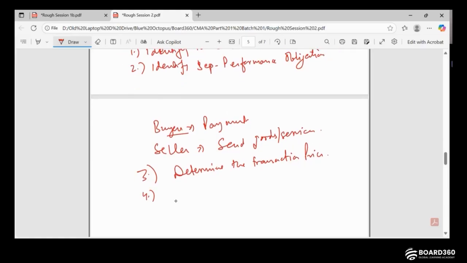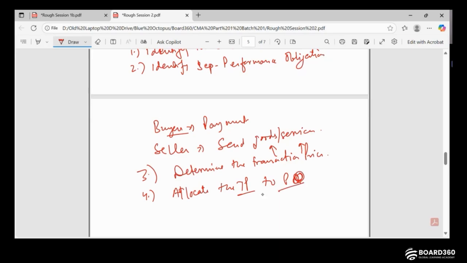And fourth will be allocate the transaction price to performance obligations. Again, whatever transaction price you have mentioned for each good, you just multiply it with the number of goods or number of services you are providing.